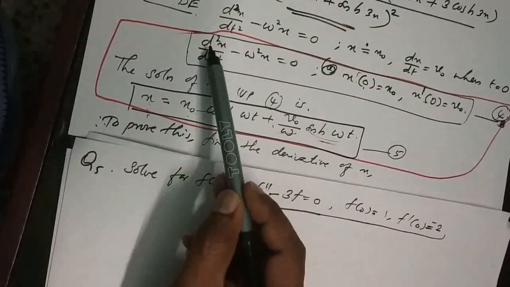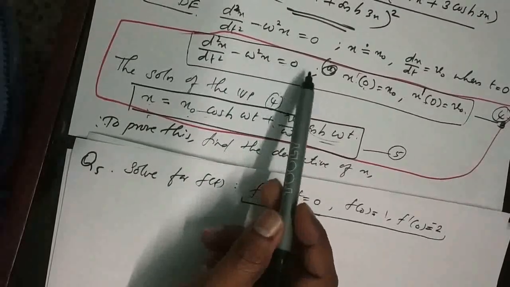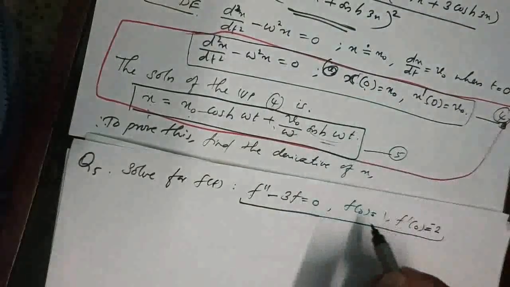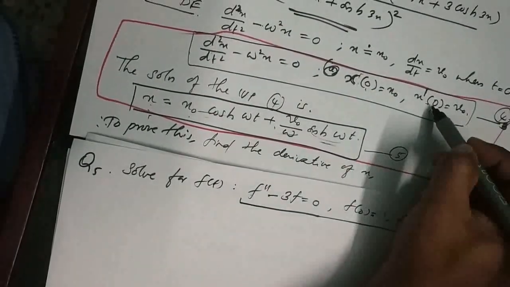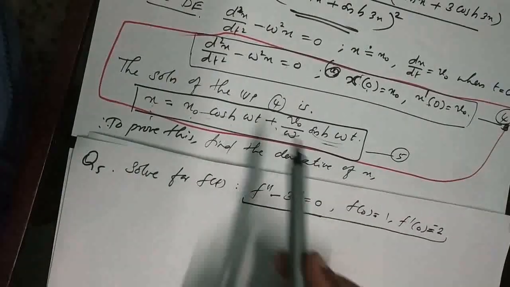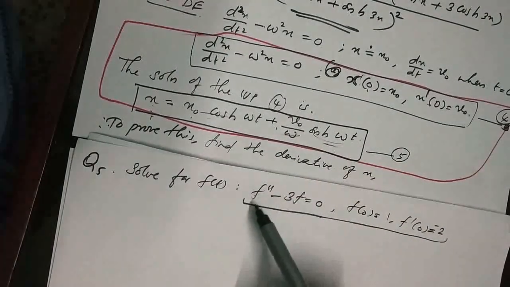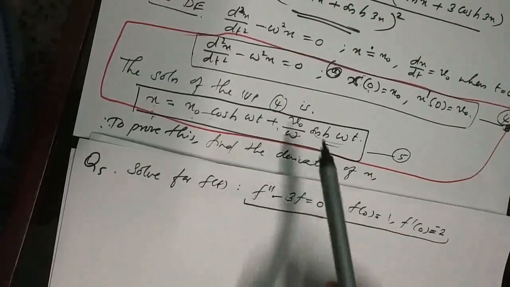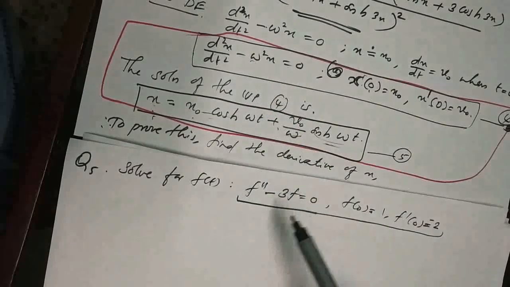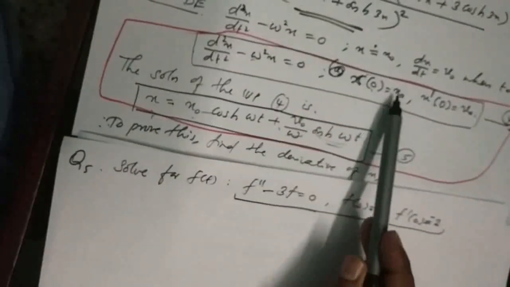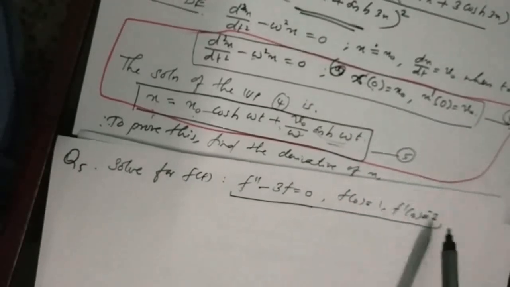Here f(0) = 1, there x(0) = x0. Here f'(0) = −2, there x'(0) = v0. So the dependent variable x can be written as f, replacing ω² by 3, x0 will be 1 and v0 will be −2.